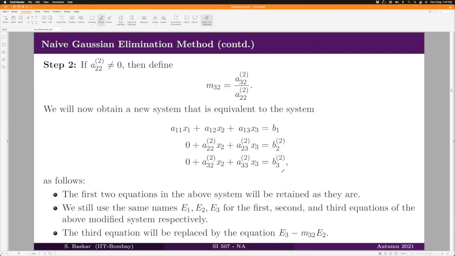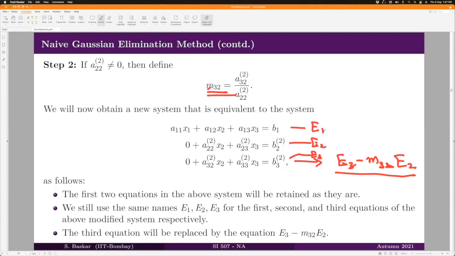And for the third equation, you will replace it by E3 minus m32, where m32 is given like this, into E2. E2 is this. This is your E3. Now that is replaced by this equation, whereas the other two equations are retained as they are.